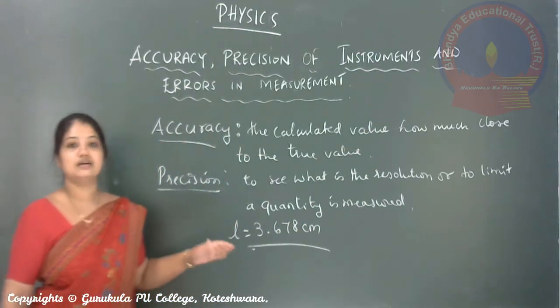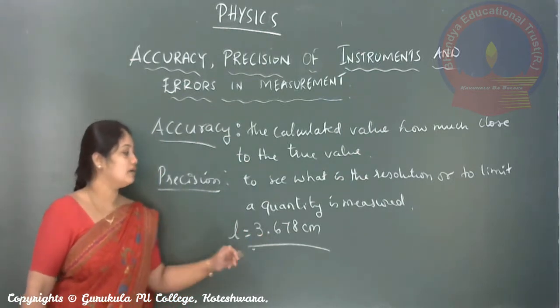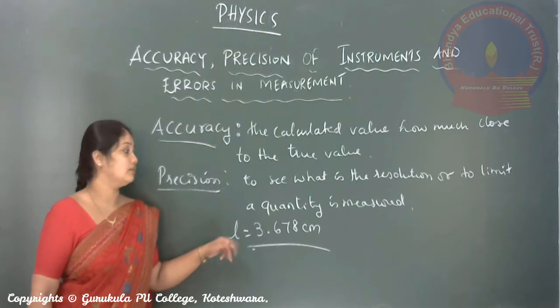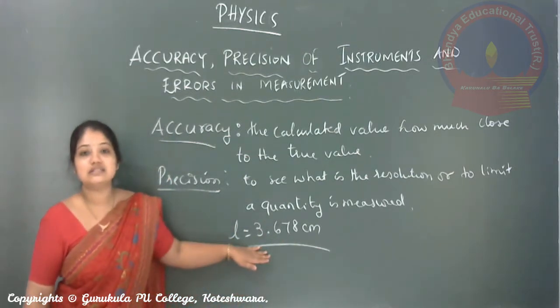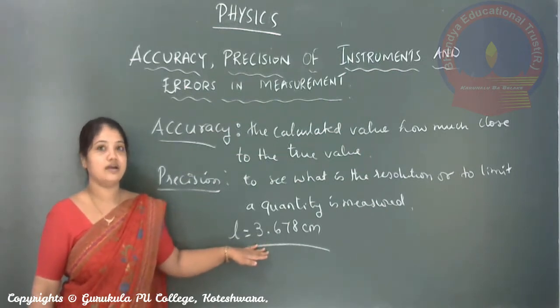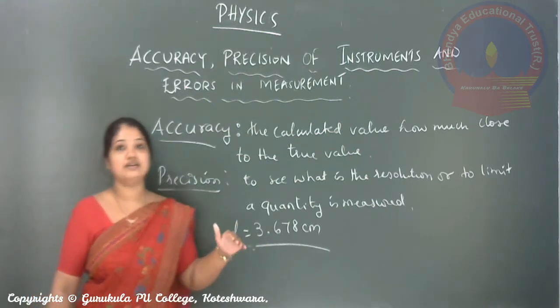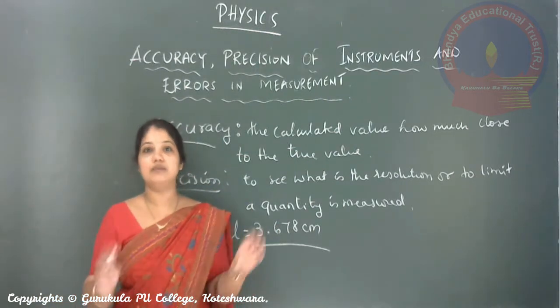This was the experimental result they obtained, and it is taken as the true value here. Next, there were two persons, A and B.